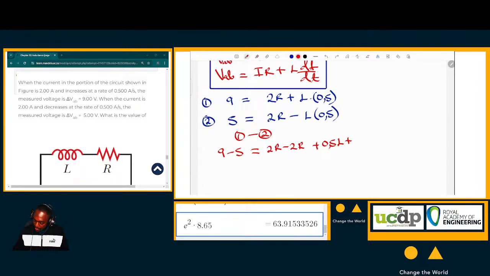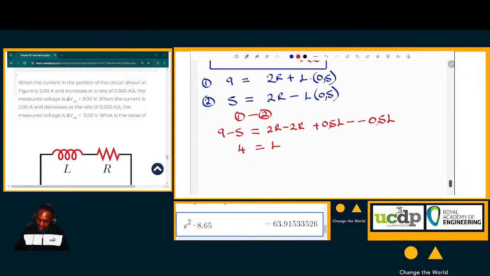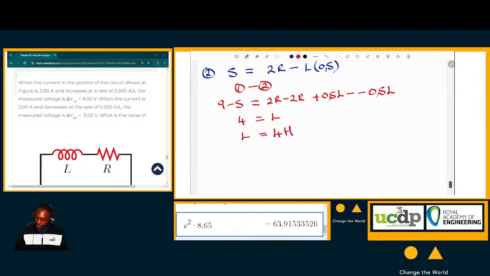Let me put it explicitly in case someone wonders. That becomes 4 equals L, which means your inductance is equal to 4 henry. Because it's a simultaneous equation, now you can pick any equation.